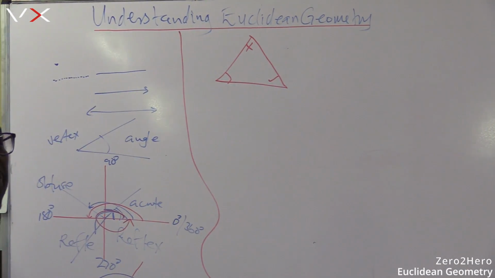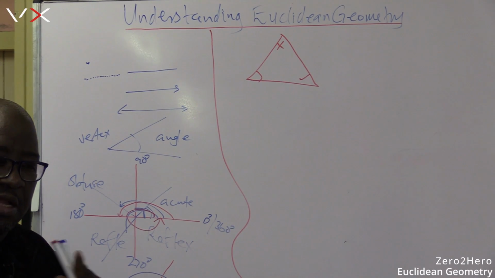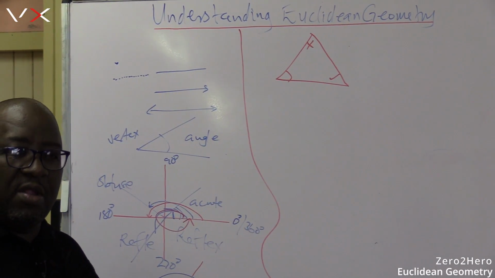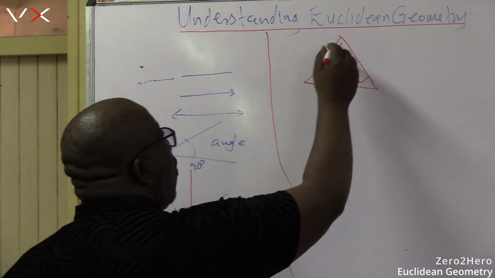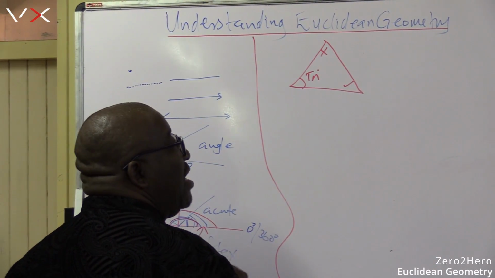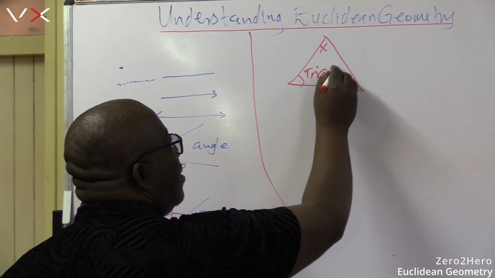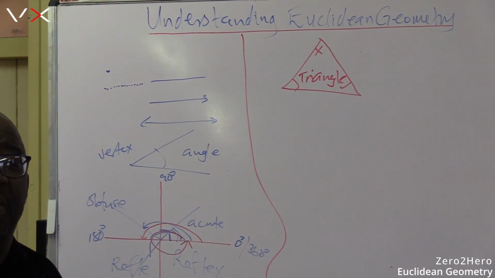We've got 3 angles. Do you know those tricycles that have 3 wheels? We call them tricycles because tri means 3. So this is 1, 2, 3 angles. So it's tri for 3 and angle. That's how this was named. It's a triangle. It means there are 3 angles in that figure.